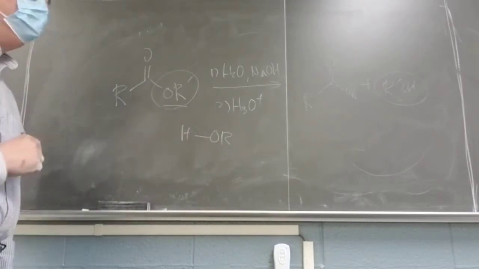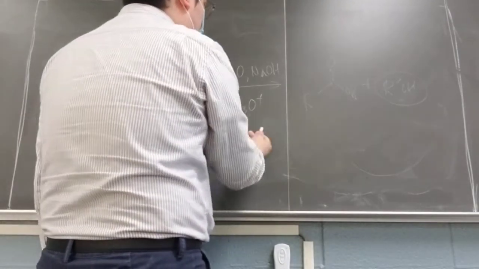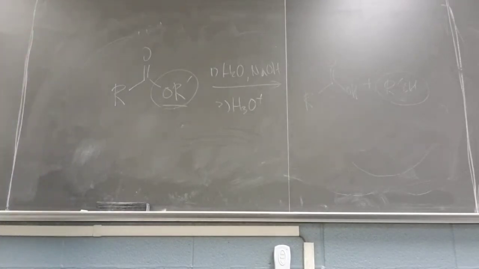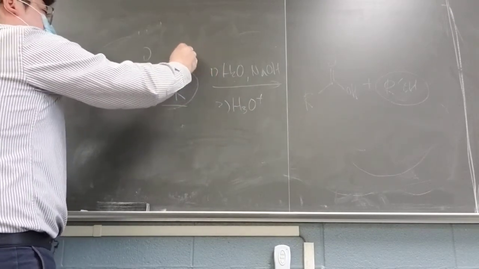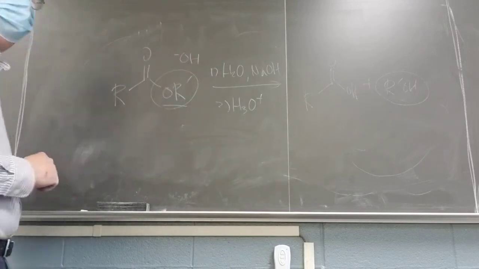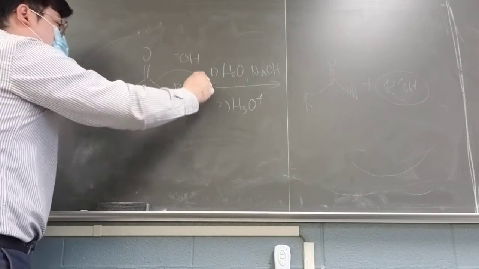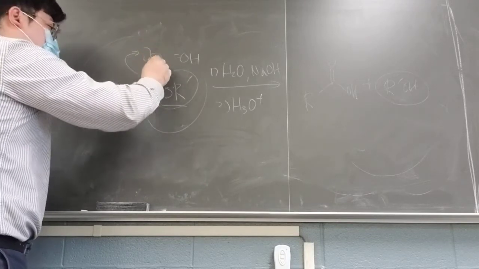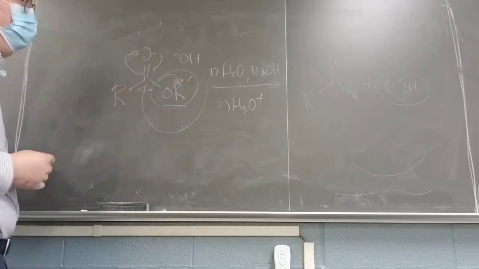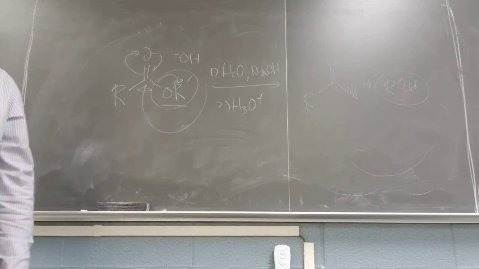So this is the only difference, but it's pretty much the same as what we already did for the acid halide. When you use the base, the only difference is it approaches as hydroxide anion. So when they make a push and push, negative, neutral, push, push. Okay, that's the rule.